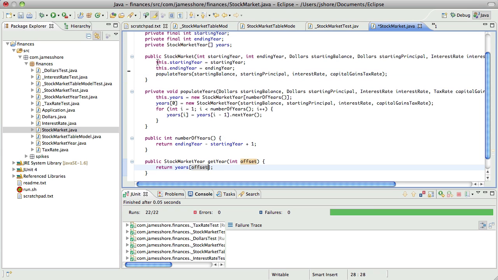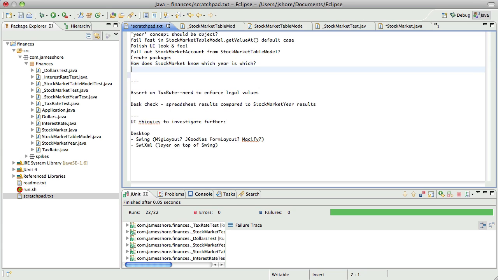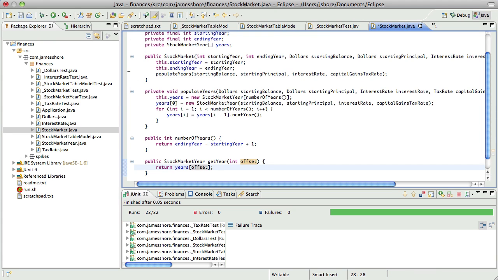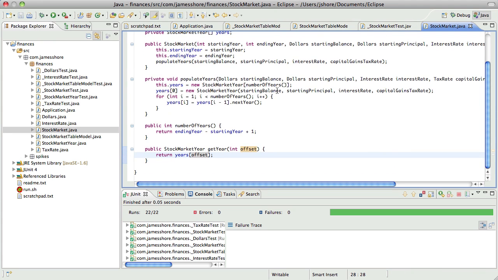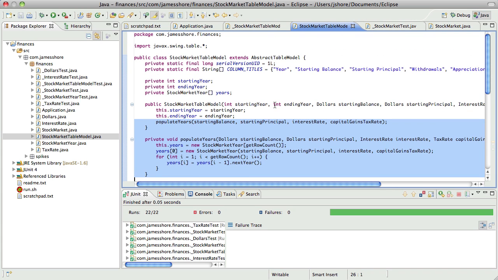There should be a fail fast here. Really need to write that code. I think that's going to happen soon. Okay, so now we've got stock market doing pretty much what we need it to do. Let's go ahead and bring that into here.